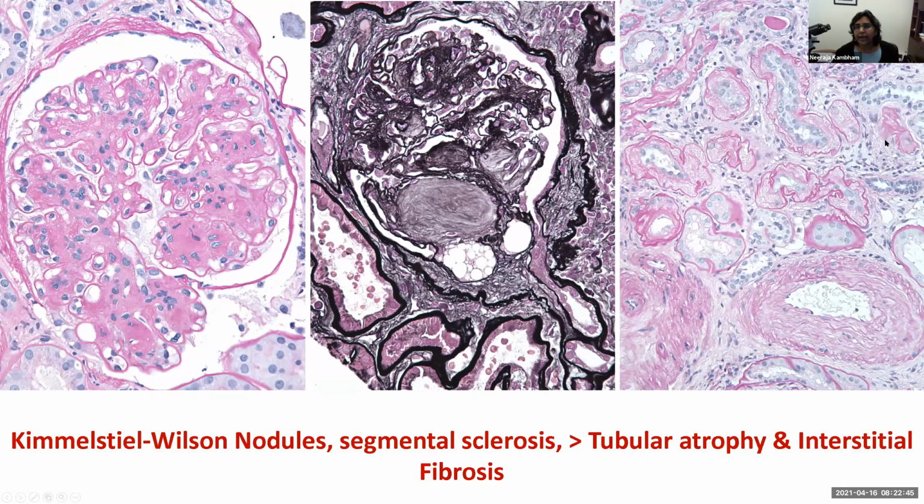And here on the rightmost panel, you will see the tubulointerstitial changes. These tubules are no longer well preserved. The diameter of the tubule is less than 50% of normal, and the tubular basement membranes are thickened, and some insudative material is extending along the tubular basement membrane as well.